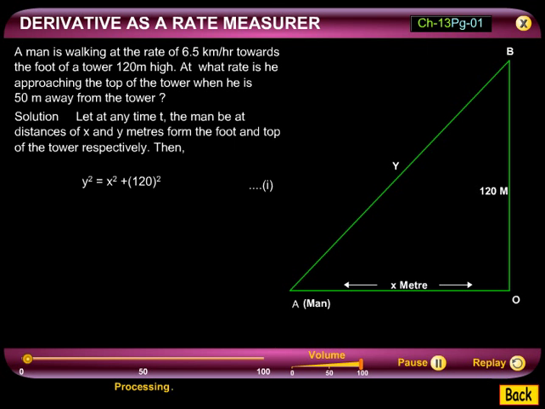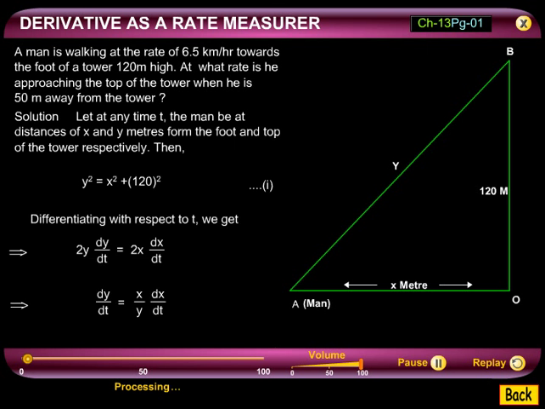Then y squared is equal to x squared plus 120 squared, equation 1. Differentiating with respect to t, we get 2y dy by dt is equal to 2x dx by dt.